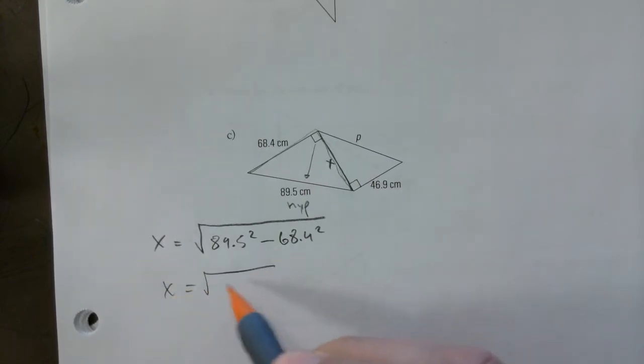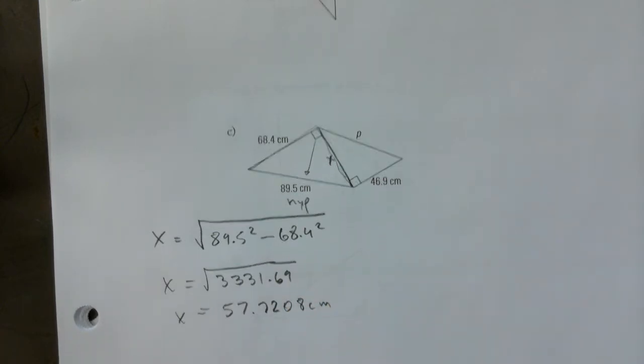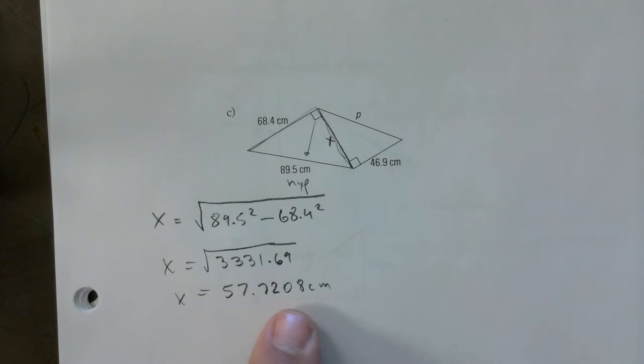So that is 3,331.69, and that is 57.72. And technically, because we're not finding the final answer yet, 57.7208, because as you work, in most cases it won't affect us that much, but it could.